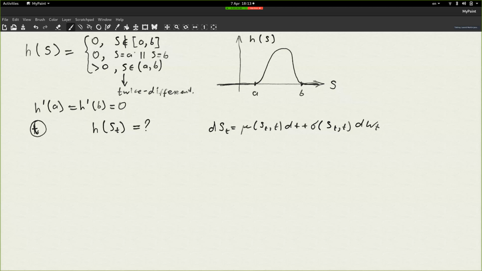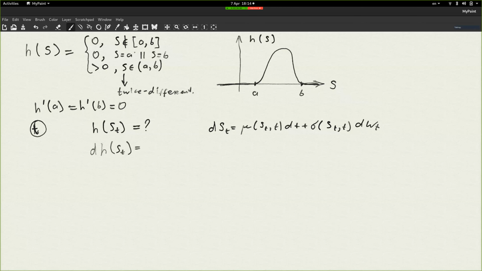What can we say about it? We can't say anything, but we can construct a stochastic differential equation for h of S_t, that is, dh of S_t. What is dh of S_t?